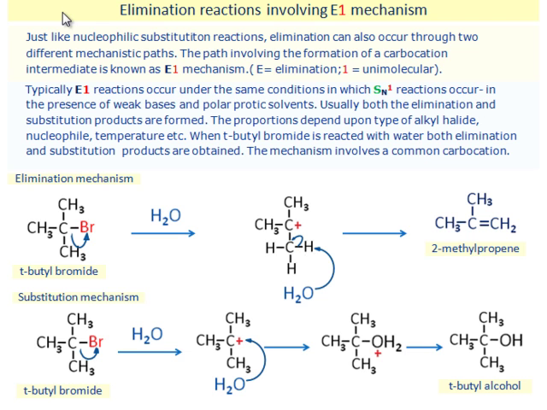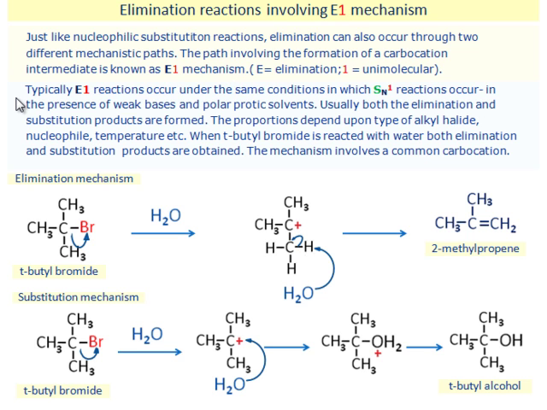Elimination reactions involving E1 mechanism. Just like nucleophilic substitution reactions, elimination can also occur through two different mechanistic paths. The path involving the formation of a carbocation intermediate is known as E1 mechanism.